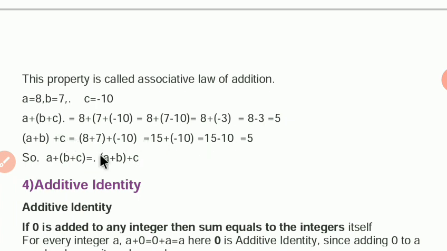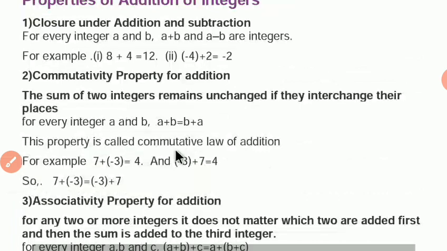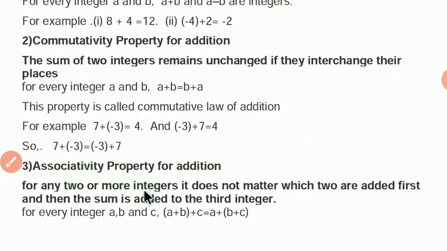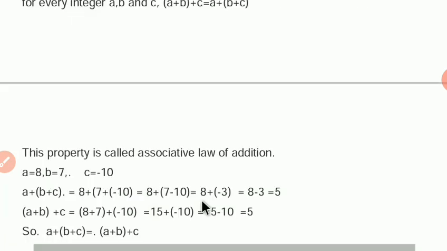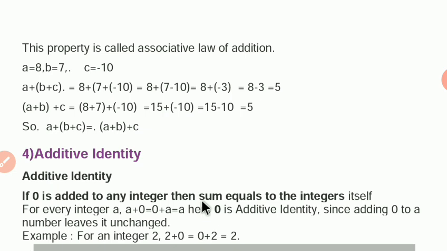And you can see that we got the same answer in each case. So a plus bracket b plus c is equal to bracket a plus b plus c. So for any two or more integers, it does not matter which two are added first and then the sum is added to the third integer. And this property is known as the associative law of addition or associative property of addition.